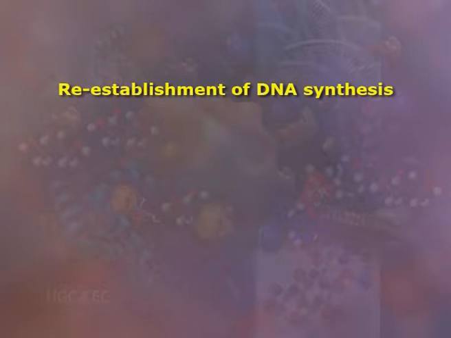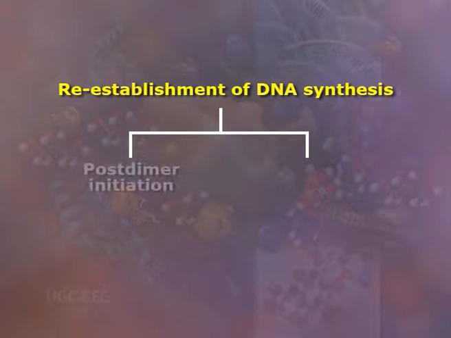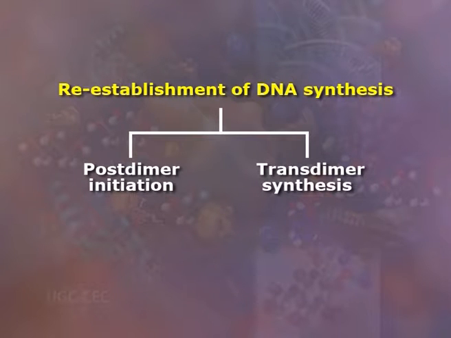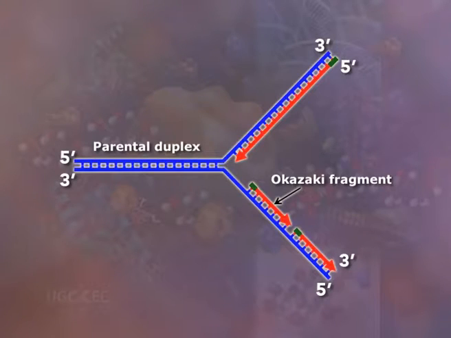In order to get DNA synthesis to be re-established, two basic approaches have been involved. They are post-dimer initiation and trans-dimer synthesis. The figure displayed on the screen illustrates how a cell could deal with a thymine dimer block.